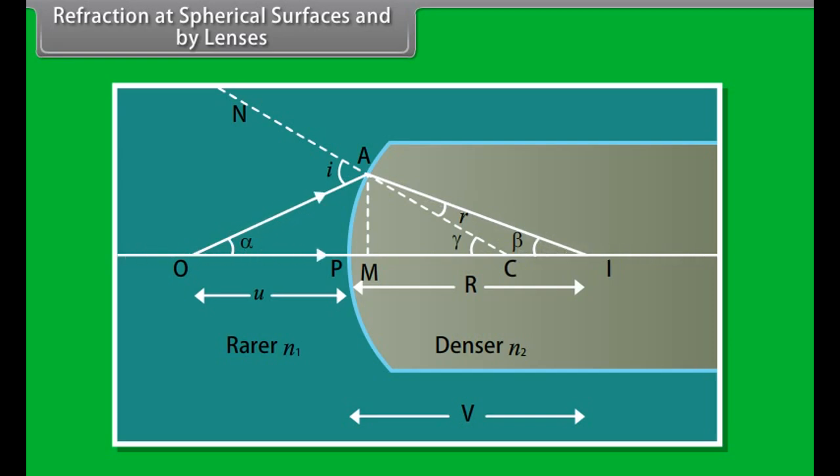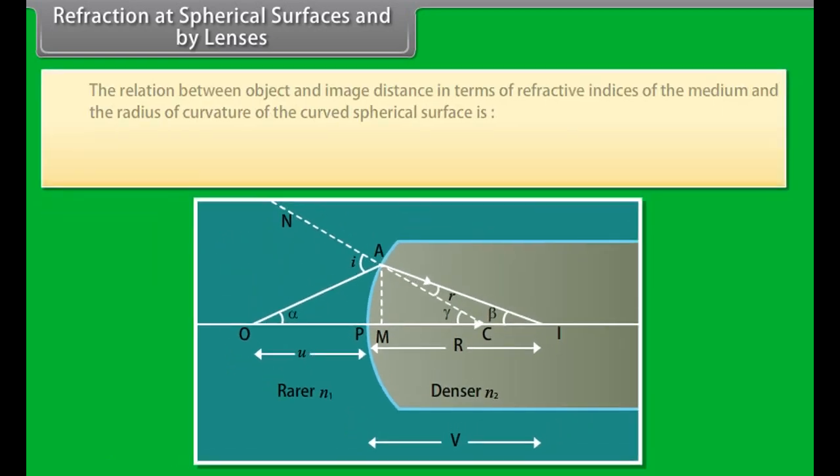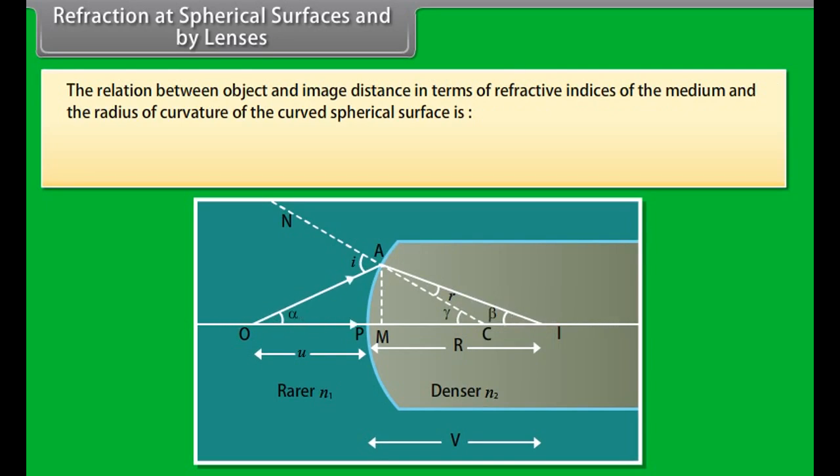The two refracted rays meet at I, which is the real image of point object O. The relation between object and image distance in terms of refractive indices of the medium and the radius of curvature of the curved spherical surface is N2/V − N1/U = (N2 − N1)/R.